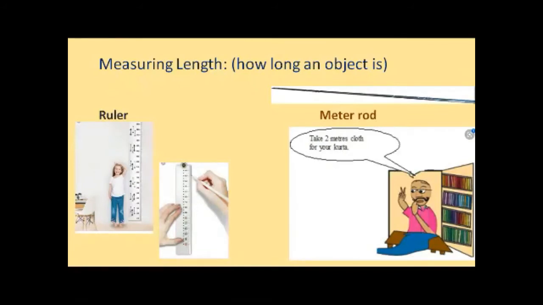So, we can measure the distance and the length with a ruler. You can see here a ruler, a meter rod, and one more thing, a measuring tape. First we will learn about the ruler. A ruler is used to measure the length.